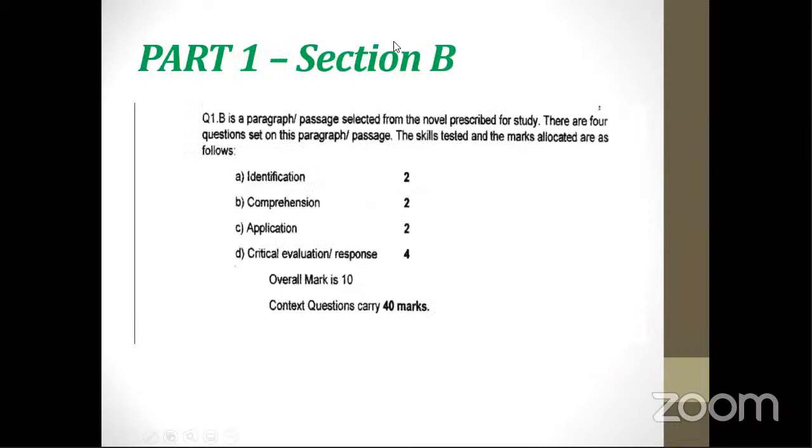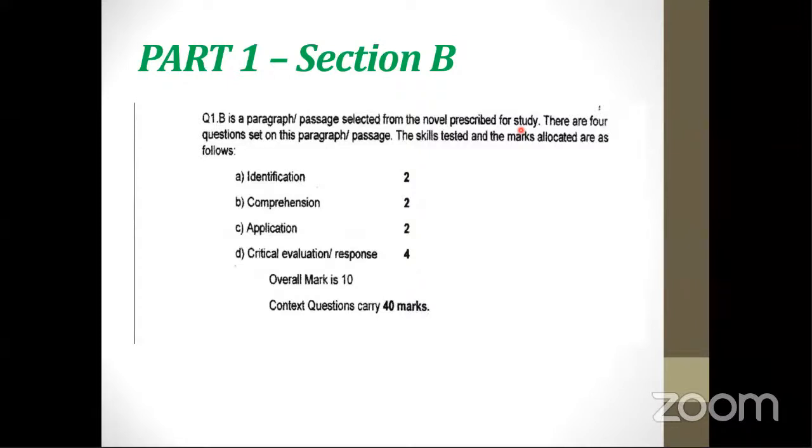So today our focus is on part 1, section B. Section B is a paragraph or passage selected from the novel prescribed for study. So usually in the paper, you get 3 selections here.